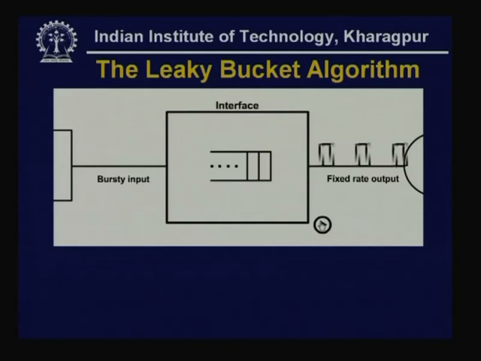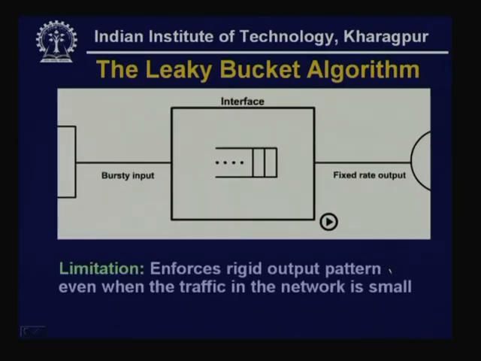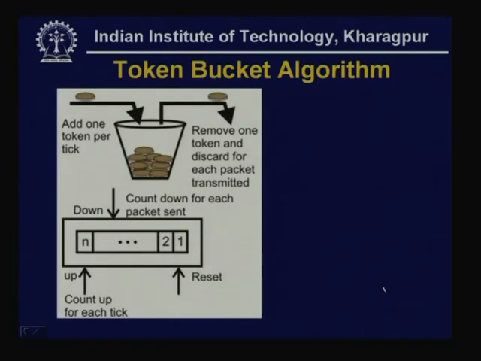Even in the beginning, at the end, it generates at a uniform rate, and this limitation can be overcome by using the token bucket algorithm, as we shall see. As I have already mentioned, it enforces a rigid output pattern even when the traffic in the network is small. Now let us see what is being done in the token bucket algorithm.